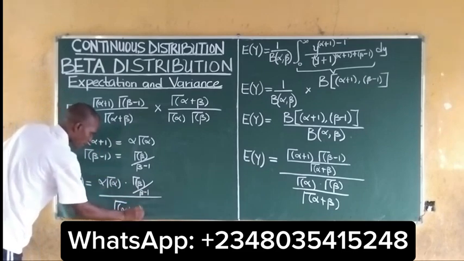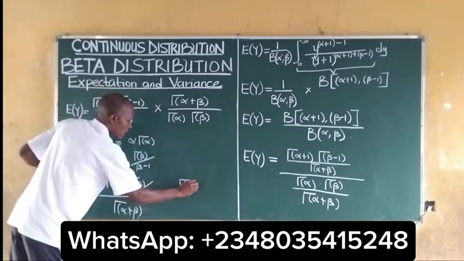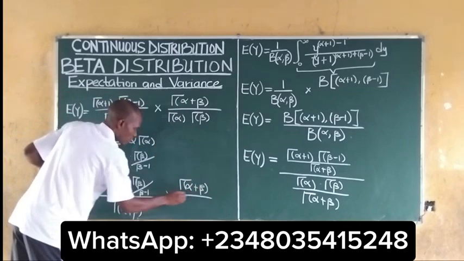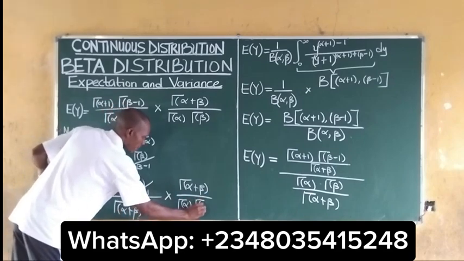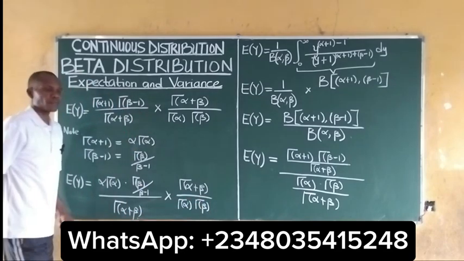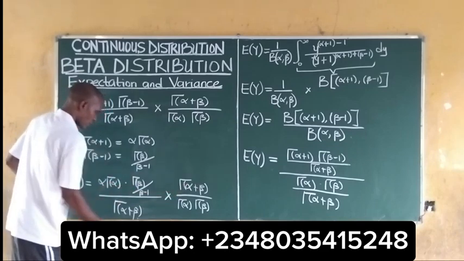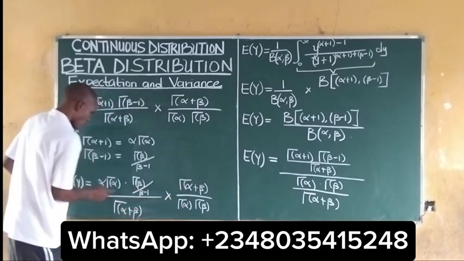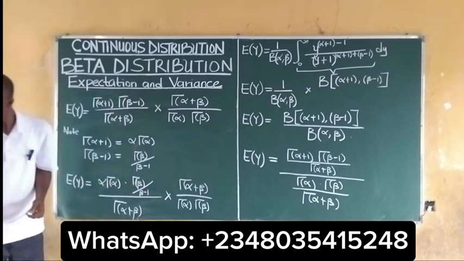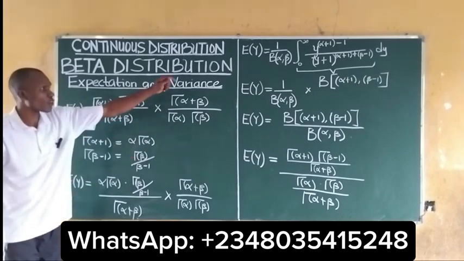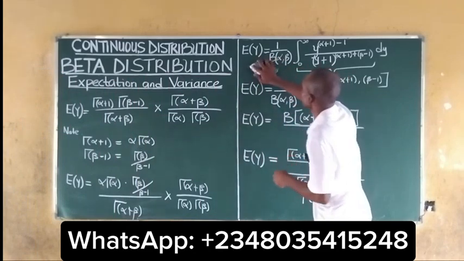all over gamma of alpha plus beta, multiplied by gamma of alpha plus beta all over gamma alpha gamma beta. Of course, some of these can cancel. Let us rewrite this well before we cancel.